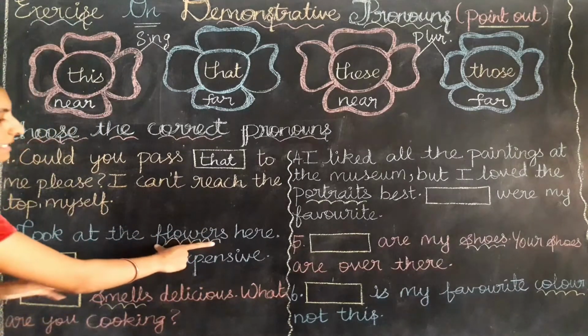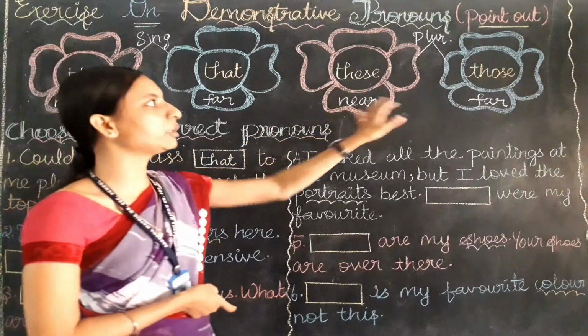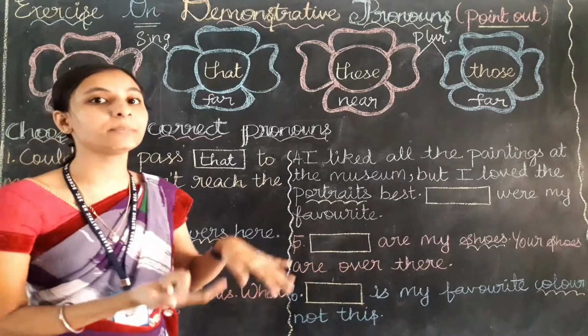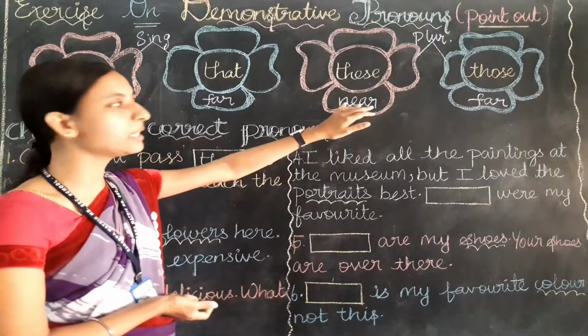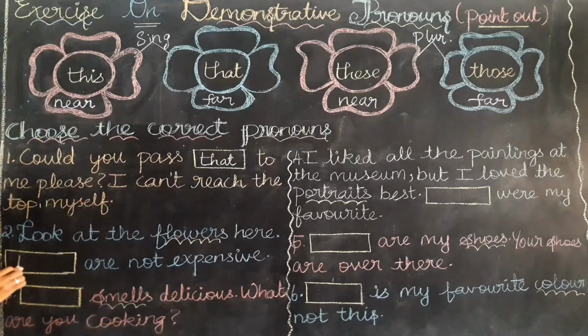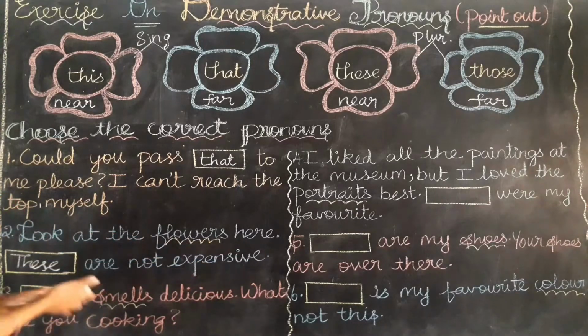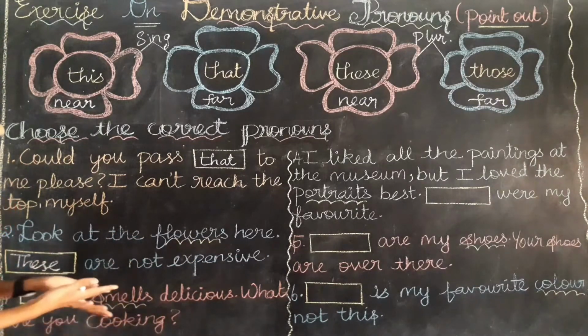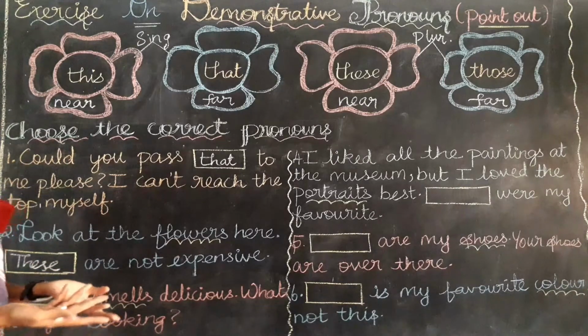Yes, this is plural, so for the plural we need to use only these two pronouns, and it is nearby me. If it is nearby me, which pronoun do I need to use for plural? Yes, nearby means these. Then the answer is these. Look at the flowers here. These are not expensive. இங்க இருக்கிற flowers பாருங்க, இது ரொம்ப எக்ஸ்பென்சிவா இல்ல, காஸ்ட்லியா இல்ல.